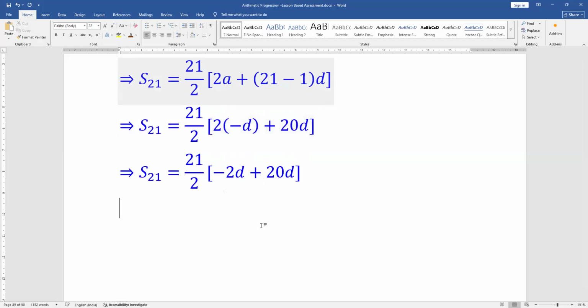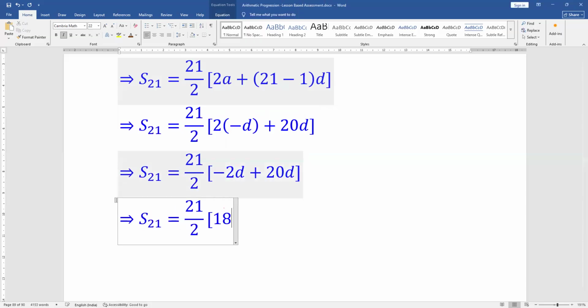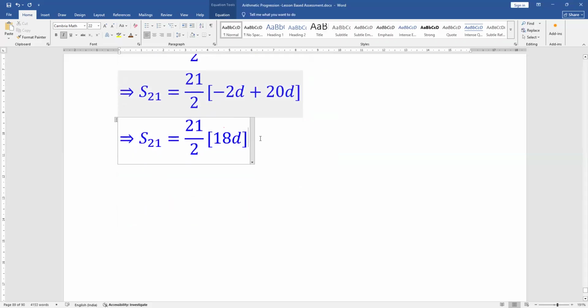Then in my next step, I write S21 equals to 21 by 2 into 18D we get, because 20D minus 2D is 18D.